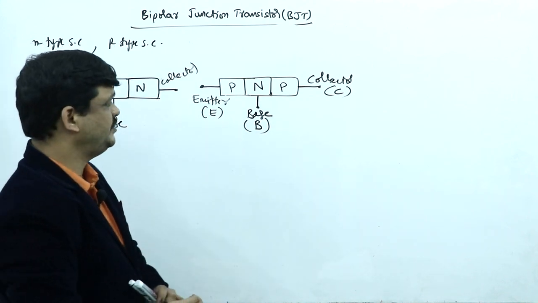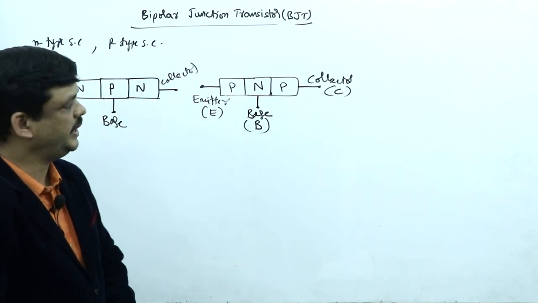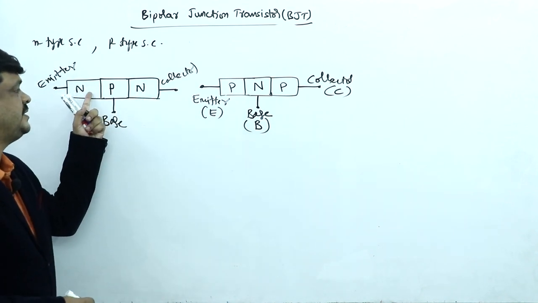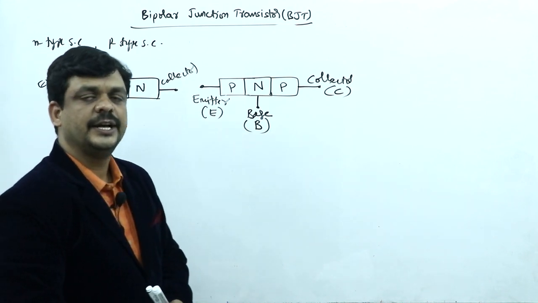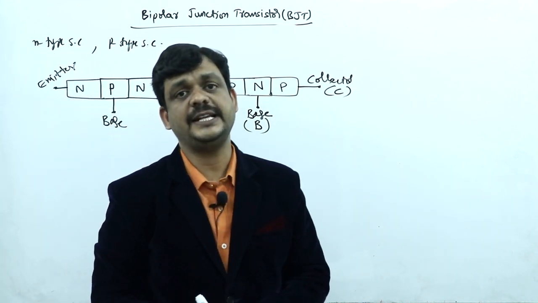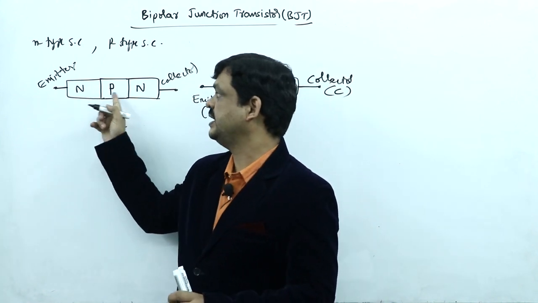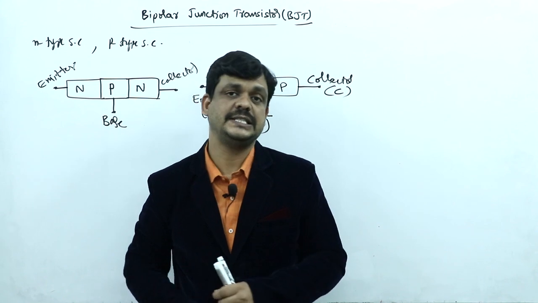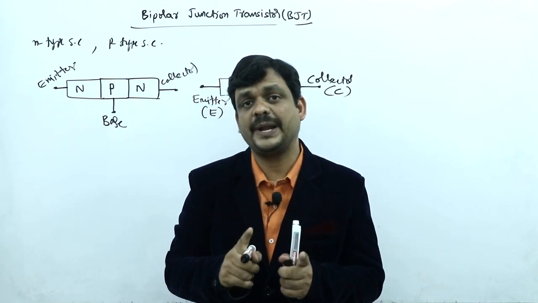So why are the names emitter, base, collector? That part we have to discuss now. Just now I explained there are 3 semiconductors, and each is an extrinsic semiconductor. Extrinsic semiconductor is nothing but a pure semiconductor that becomes impure after the doping process.